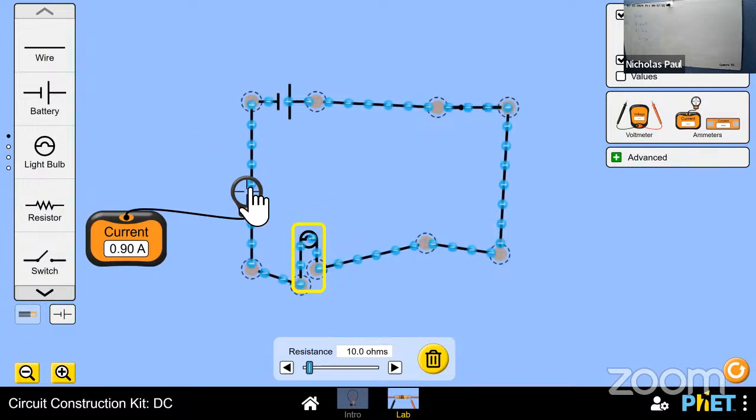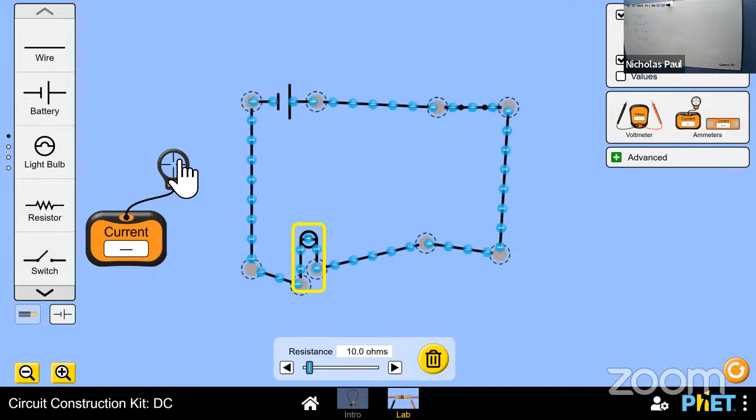Right, using that formula, let's do some quick little things. I'm going to change the resistance, I'm going to put it all the way up to about 82. Tell me what you think the current value is. When I put the ammeter there, what are you supposed to get?